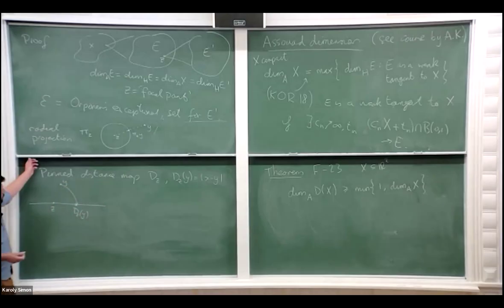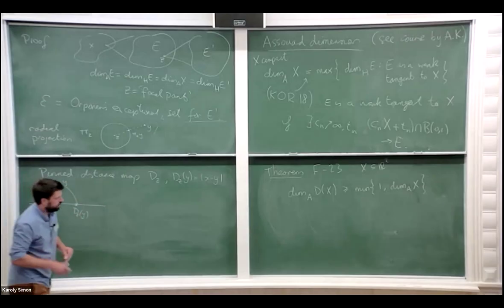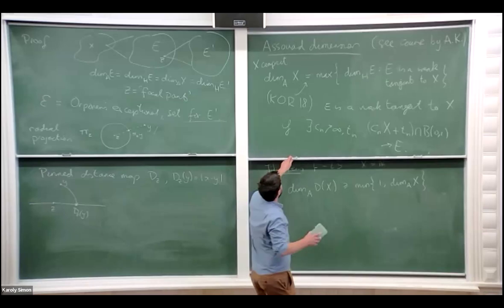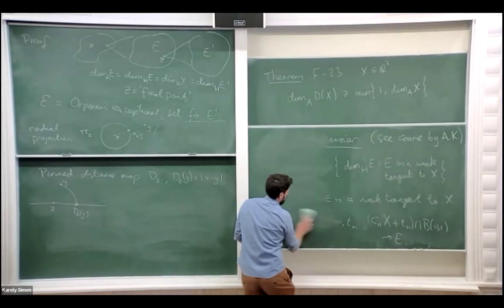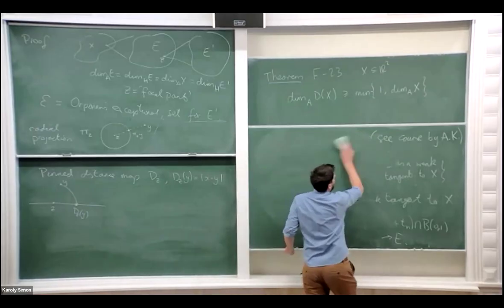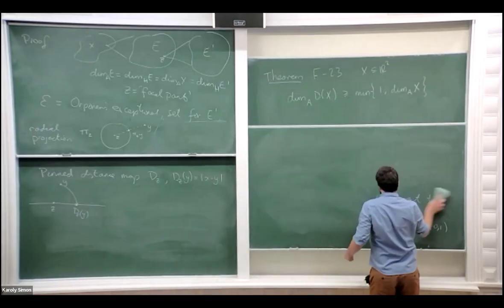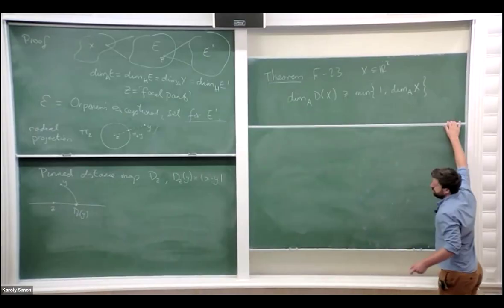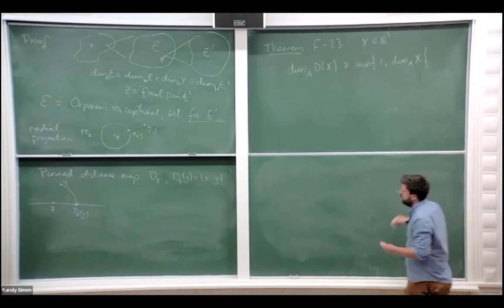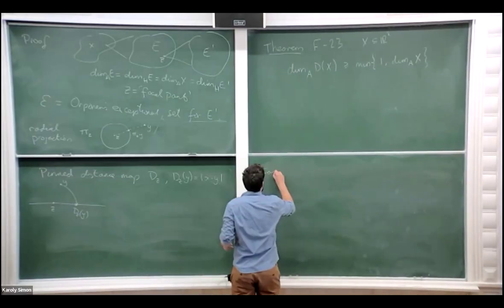I'm going to break the proof of this theorem up into two cases. I'm going to use these nonlinear projections and the other ingredients that I've mentioned in both. Okay, so case one.